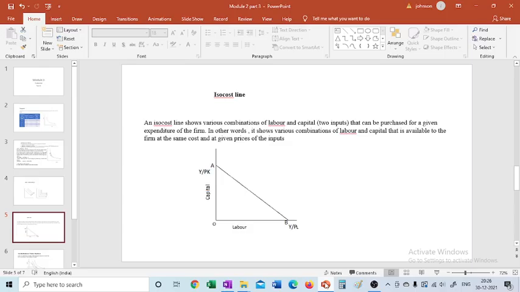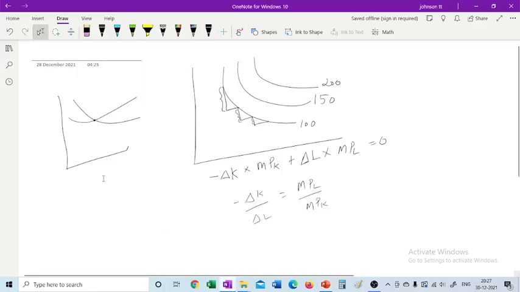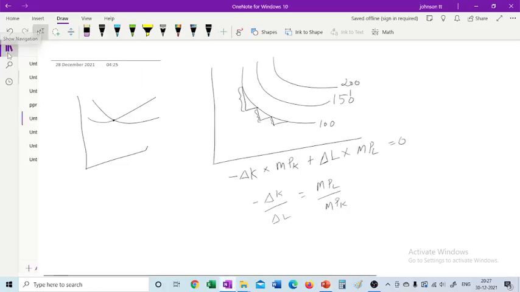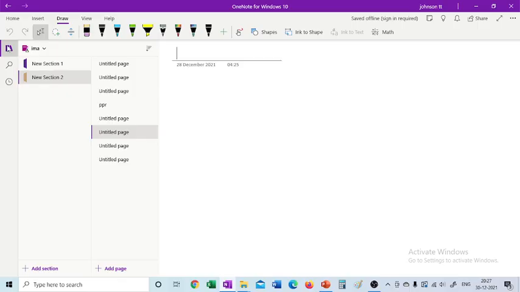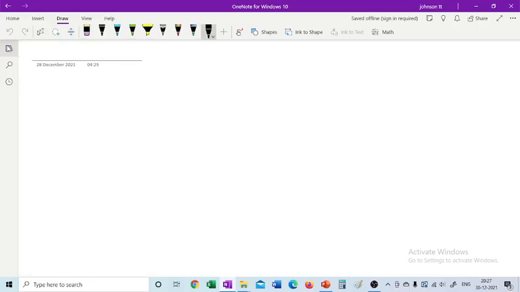See, suppose the total amount of money with the producer is Y, and PK is the price of 1 unit of capital. So how many units of capital can be purchased? Y by PK.